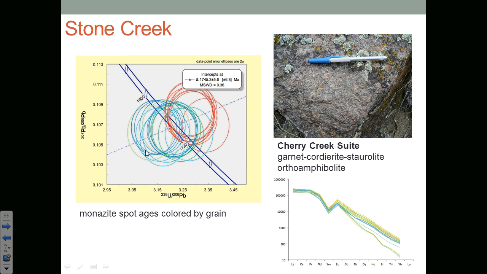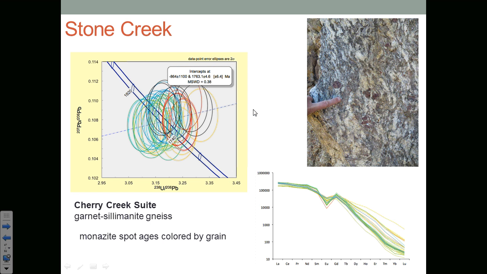So metamorphism in those rocks is entirely Paleoproterozoic. A second sample from garnet sillimanite gneiss, meters away from the orthoamphibolite, yields a similar spectrum, entirely Paleoproterozoic monazite, around 1.76 billion. So in the Stone Creek area, we see nothing but monazite that's part of this so-called Big Sky orogenic event.